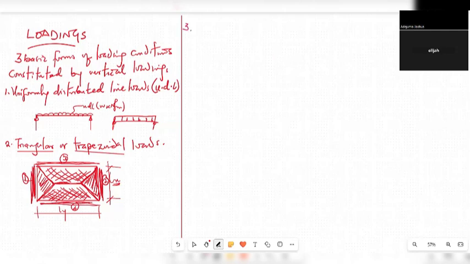So we have the third one, which is the concentrated point load.